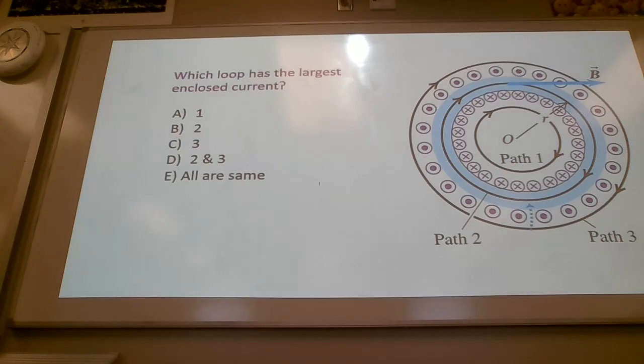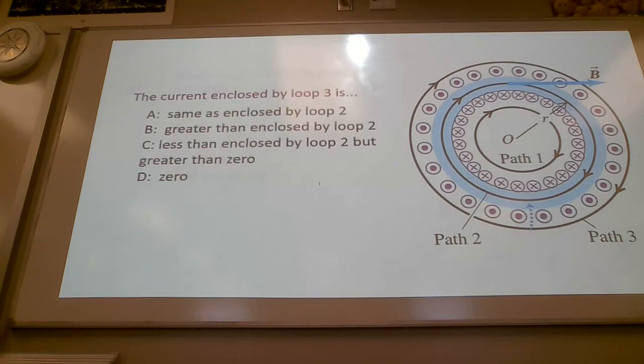Which has the largest enclosed current, 1, 2, or 3? Tell your neighbor. So everybody good with B, 2, because 3 is in and out, canceling each other out.